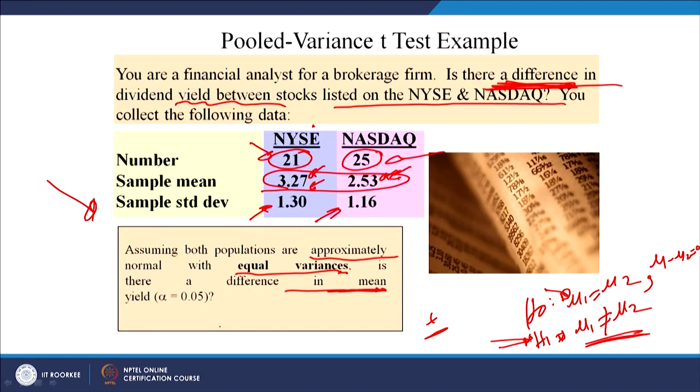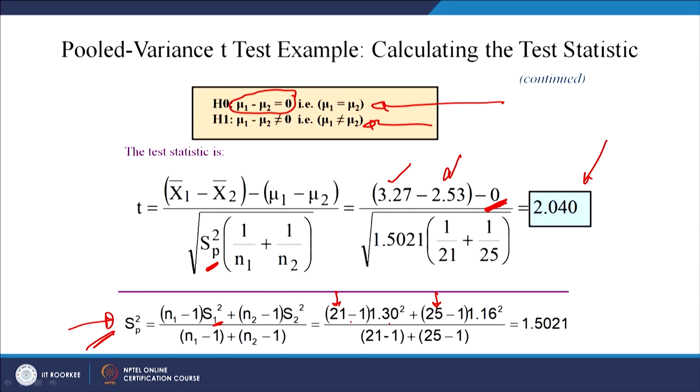This is sample standard deviation, so you need to take the square of this, 1.3 square. This is the standard deviation of all 25 stocks of the Nasdaq stock exchange, of course divided by N1 minus 1 plus N2 minus 1. So, this is pooled variance.